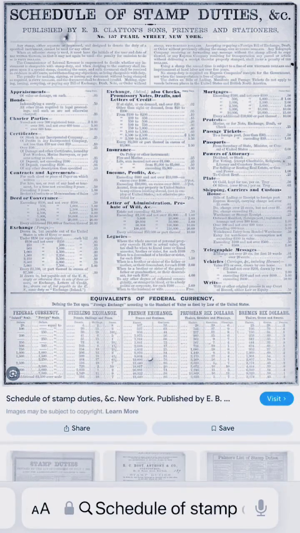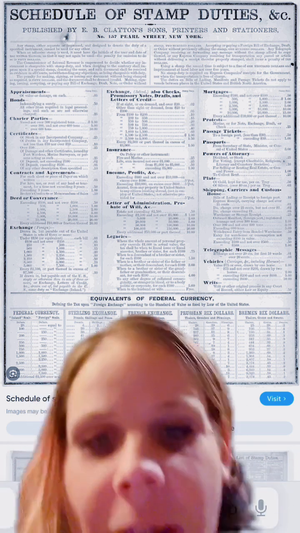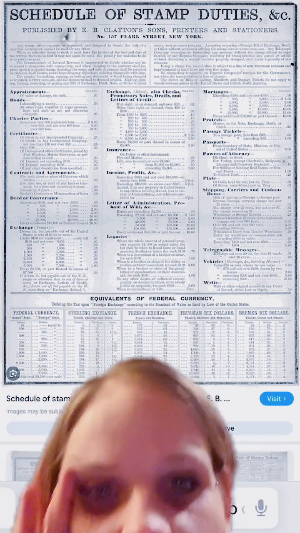I didn't crack the code, but I got the, here, hold on. I don't know if you guys can read that very well, but here's a close-up.